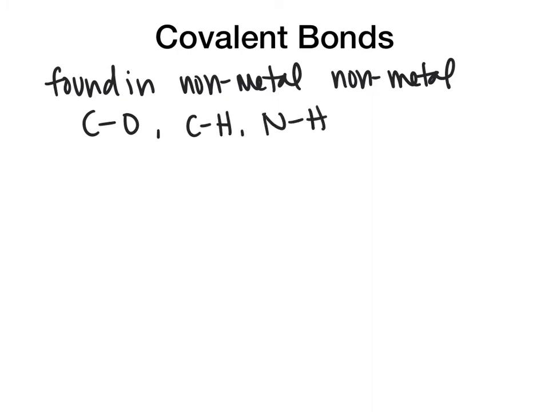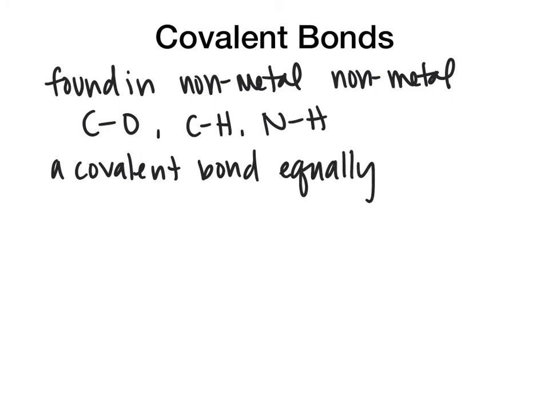Basically anything that we see on the right side of the periodic table interacting with something else on the right side of the periodic table. A covalent bond is different than an ionic bond because a covalent bond equally shares electrons.